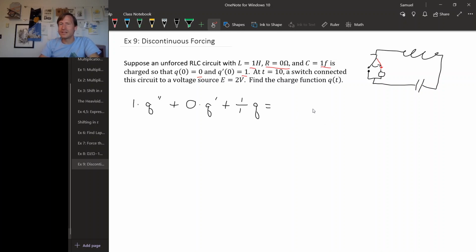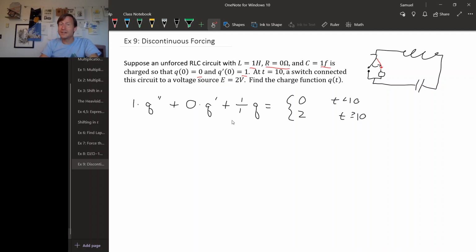The forcing function is the external voltage, and that starts at 0 when t is less than 10, but when t is bigger than or equal to 10, we're applying this external voltage of 2 volts. So we have this piecewise function as our forcing function.